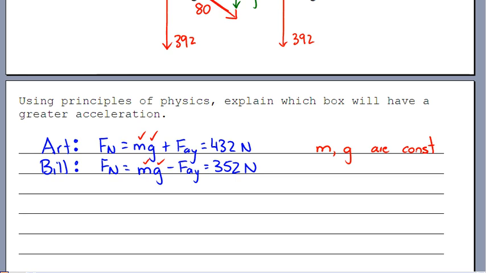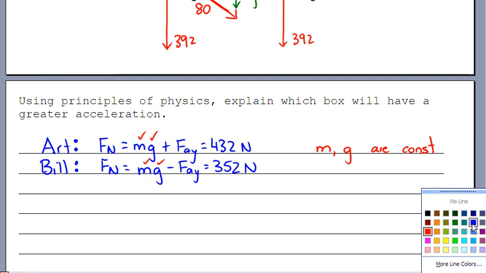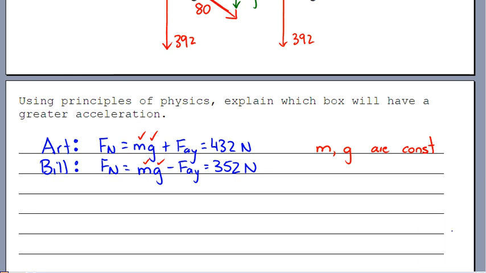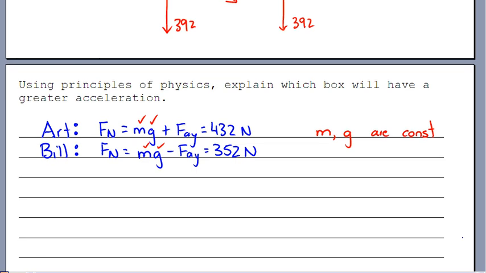So what? You've got this Fn that's less for Bill. Well, let's keep focusing on Bill now and wander through the whole rest of the story. If he's got a smaller Fn, then there's going to be smaller friction. So we have Ff is equal to mu times Fn.